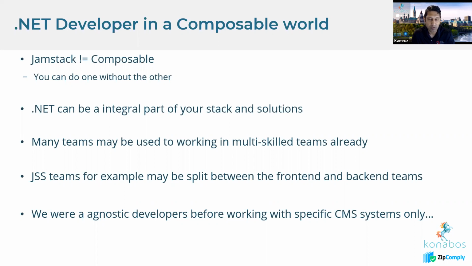We would work with any and all systems, and I personally just loved writing code and coming up with solutions to problems rather than being told, hey, this is what we have to use. Being an agnostic technologist will also open up your job prospects a lot more.